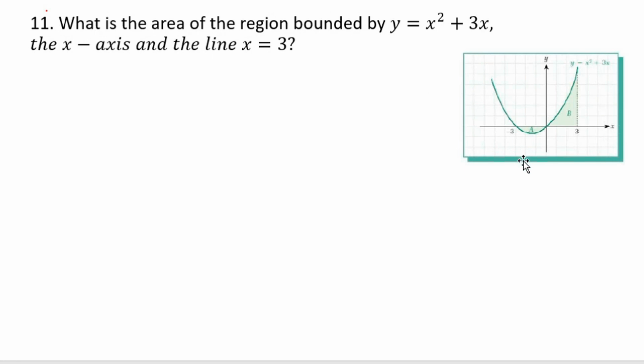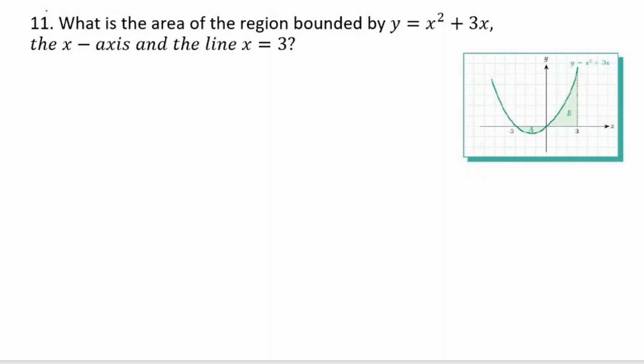Now to solve for this, in this graph there are two areas of the region bounded by the graph. We have the area A, which is below the x-axis, located in the third quadrant, and area B is above the x-axis, which is in the first quadrant. To solve for that, I'm going to separate the two areas.